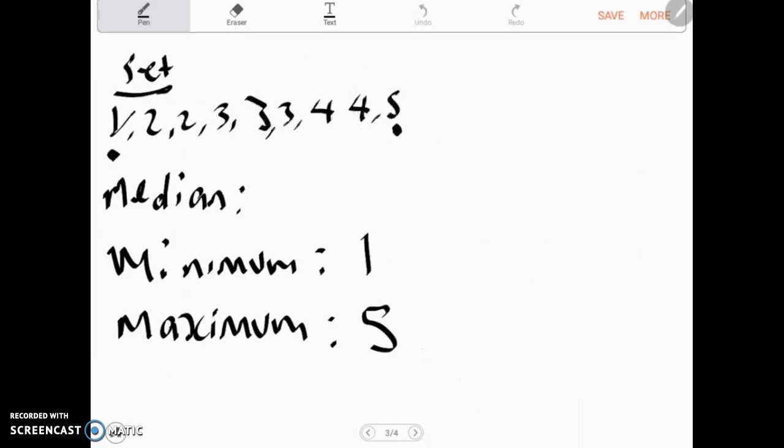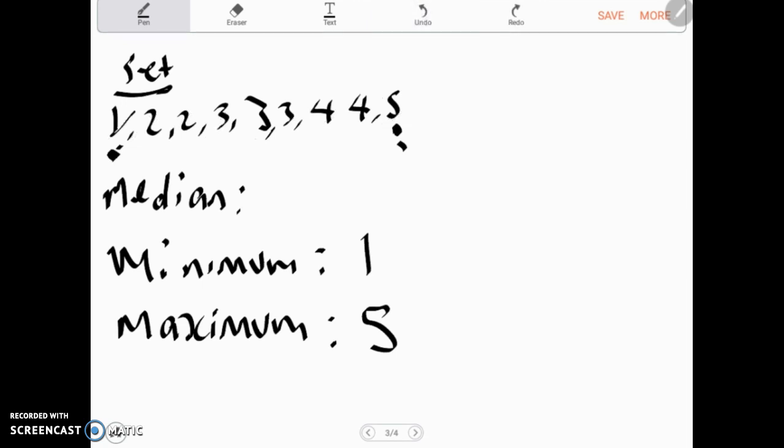The median is just the middlemost value. So remember we said, okay, well, you could do it by cancelling out like that, and you get the middle value. If I did that right.